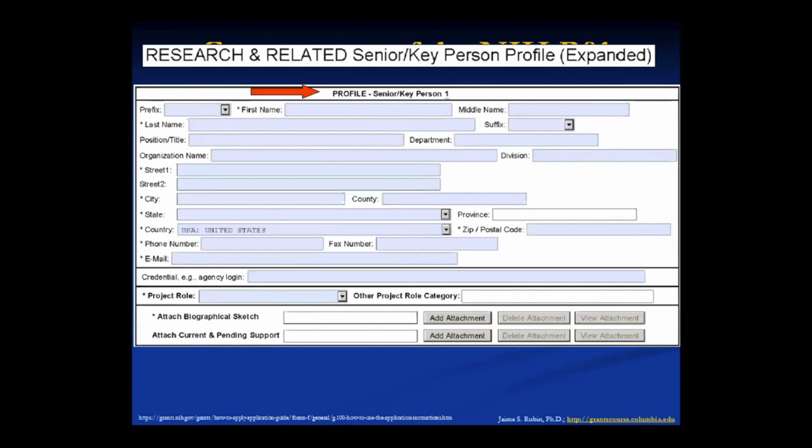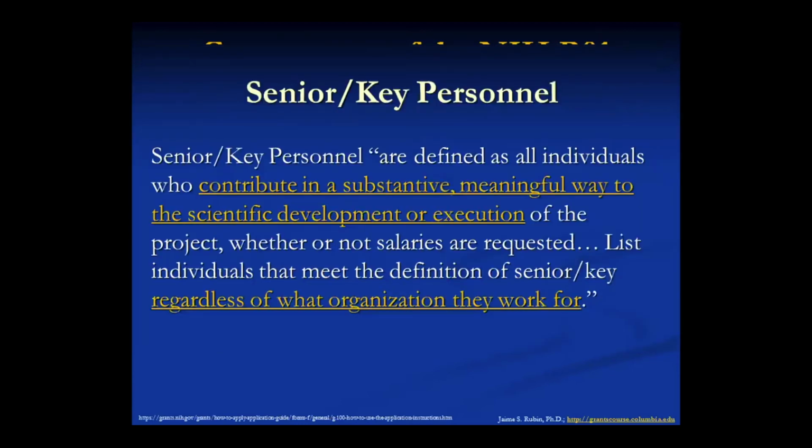And then after the principal investigators are what's called the senior key person, number 1, number 2, and so forth. So these are individuals that contribute in a substantive and meaningful way to the scientific development or execution of the research that you're proposing.